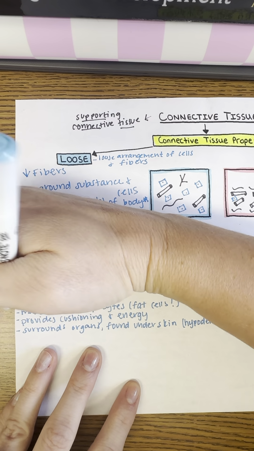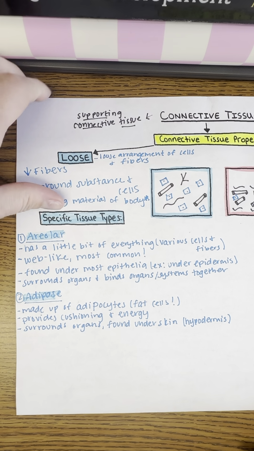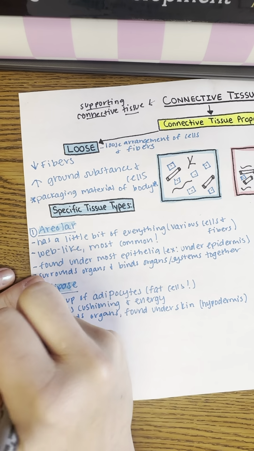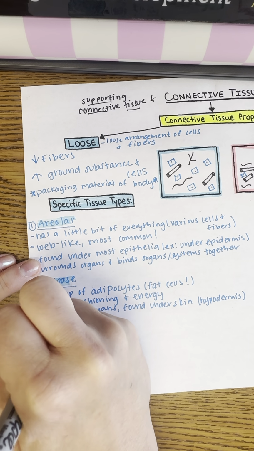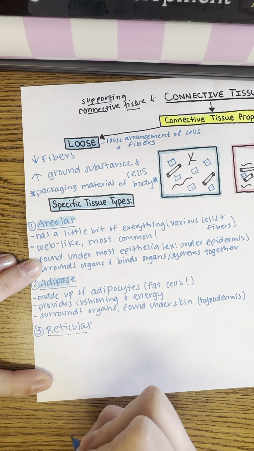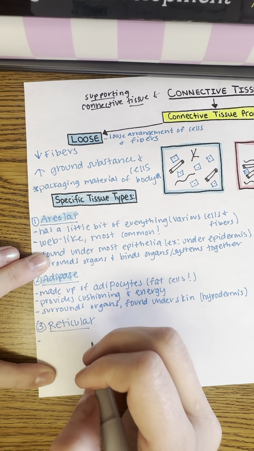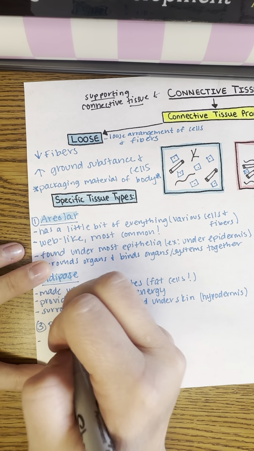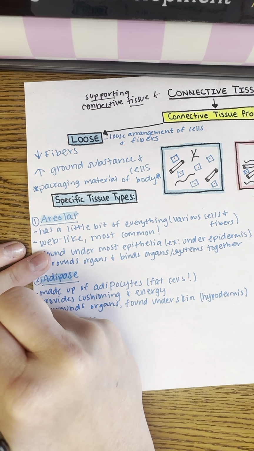All right, so that is tissue type number 2. And this is our last example for loose connective tissue. Number 3 is reticular. This tissue is made up of primarily reticular fibers, so that makes that nice and easy.